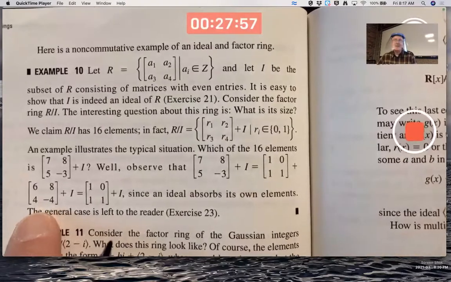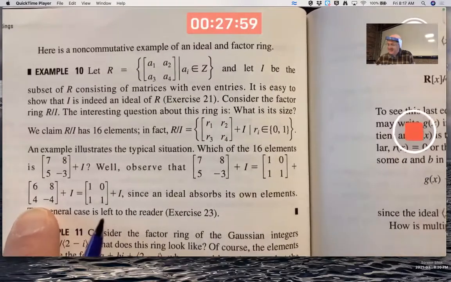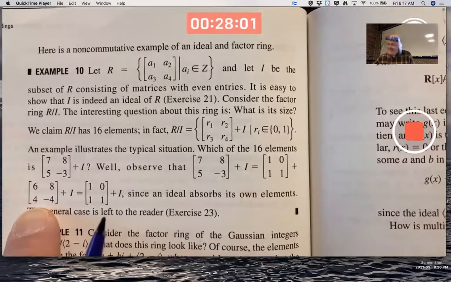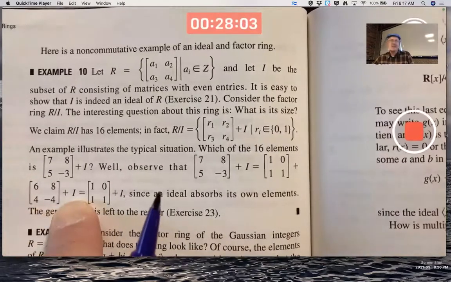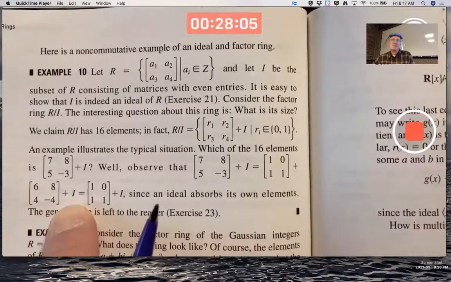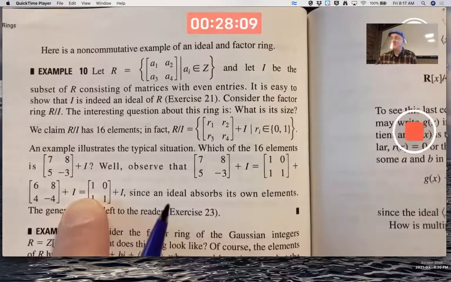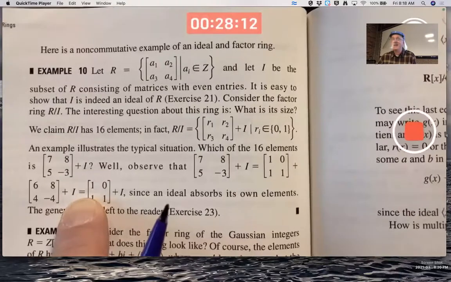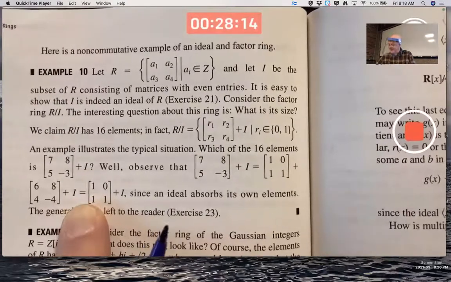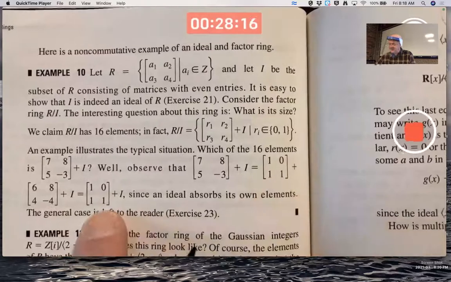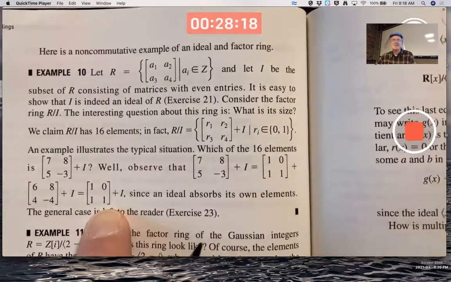Then, because this one has all even entries, and because I is superclosed, it gets sucked into I. I even like making a sucking sound in my mind. Gets sucked into I. What fun. This is the fun part. A mathematician's idea of fun. And you can rewrite the coset this way.